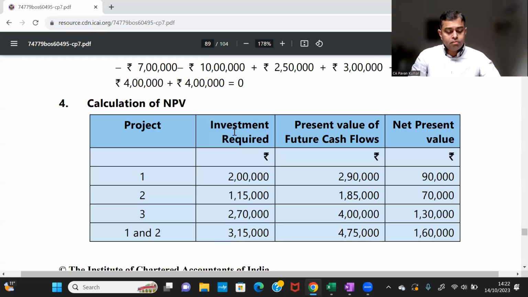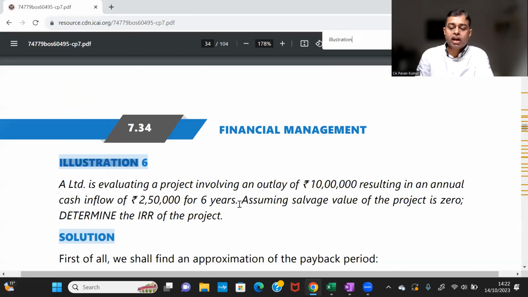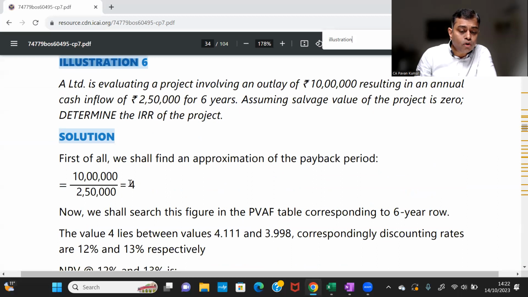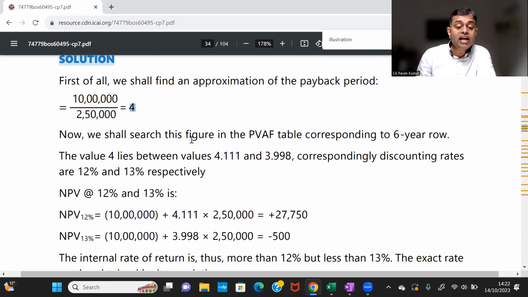Okay, now come to problem number 6. Look here. So this is 4, right? Now we shall search this in the present value annuity factor table, where you can see that this 4 lies between 4.111 and 3.998. This 4.111 corresponds to 12% rate, and this 3.998 corresponds to 10% rate.